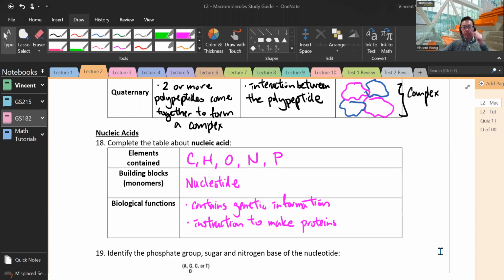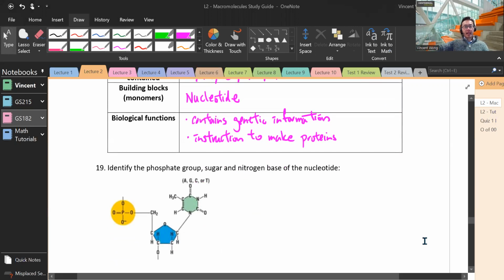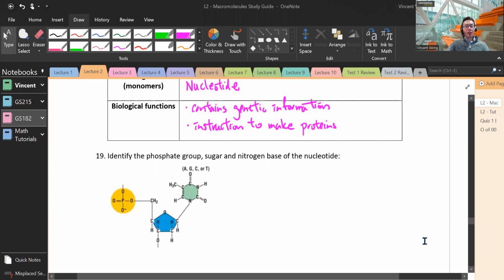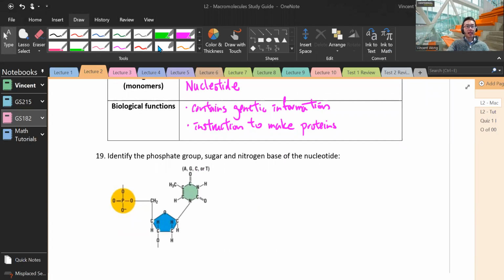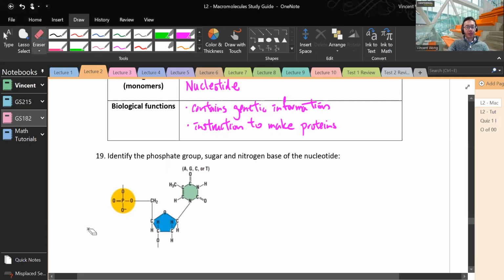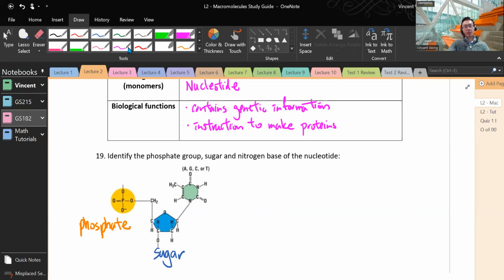Okay, next part. Identify each of the following. So this whole thing is a nucleotide, and the nucleotide has three parts to it. There is a phosphate, a PO4 3-, which you might learn in chemistry. We have a sugar, which might be ribose or deoxyribose, depending on which type of nucleic acid you're talking about.